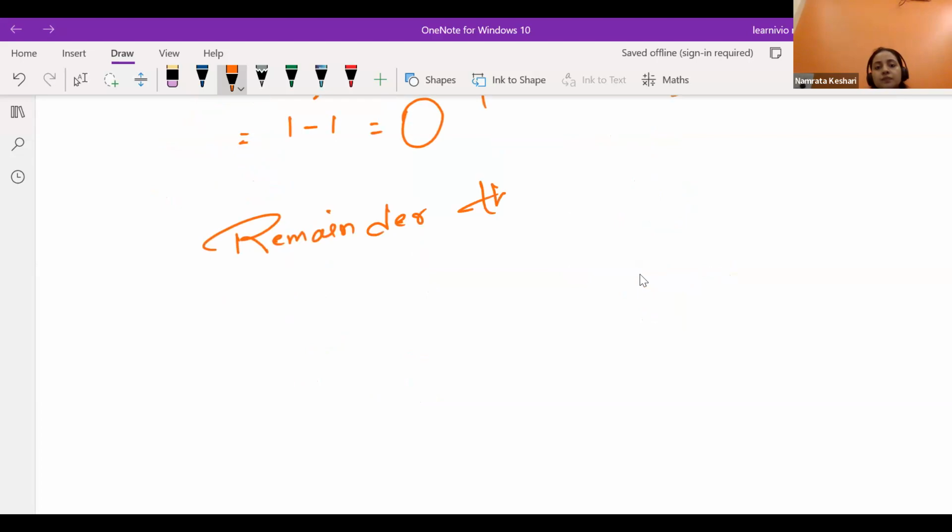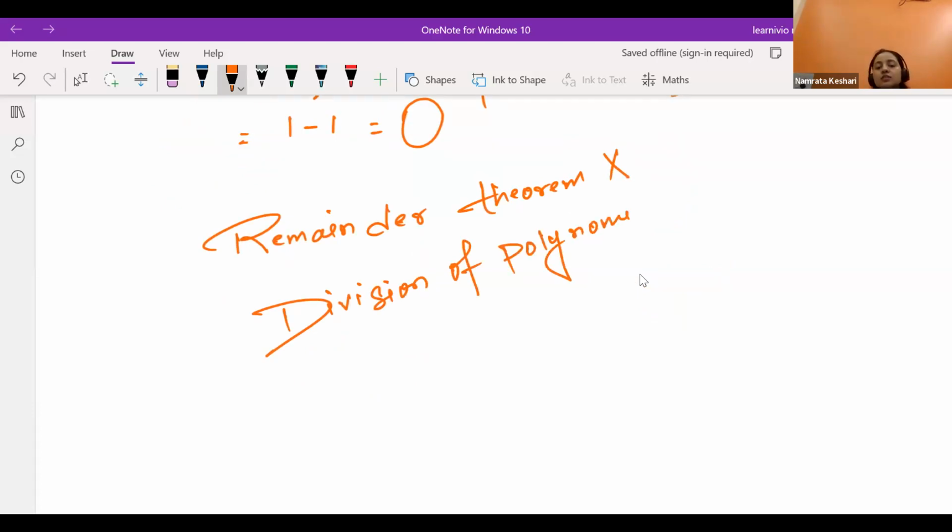It's not there in your syllabus. And let me check the division of polynomials or algebraic expressions, whatever you call it. This is also not there in your syllabus, but I explain these two concepts to my students so that when we are using the concept of factor theorem, they will not get confused.